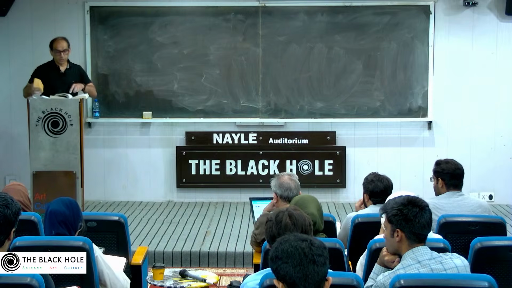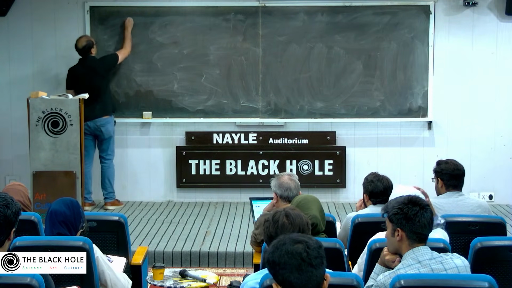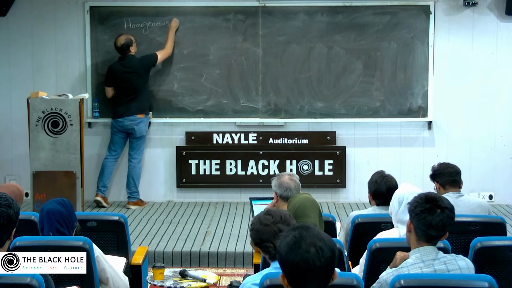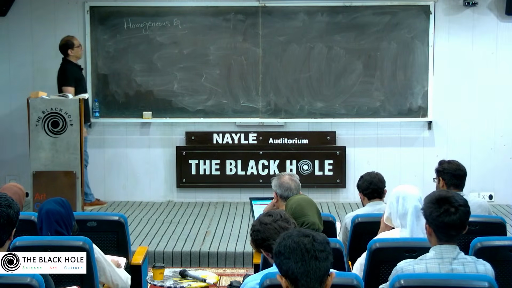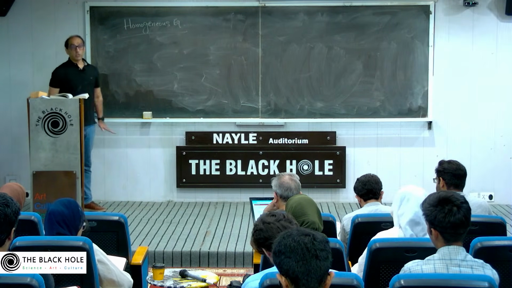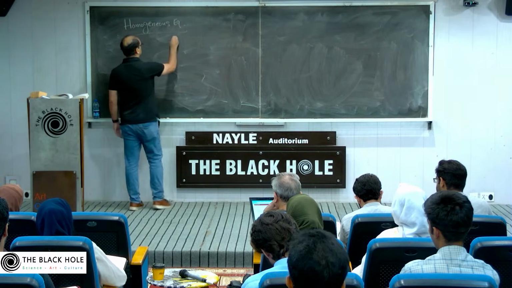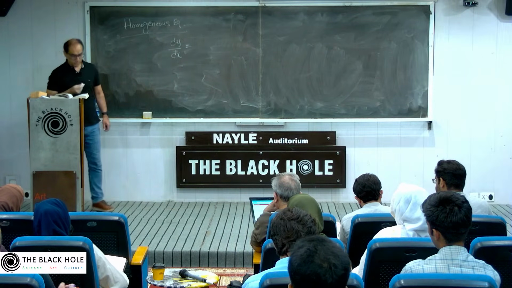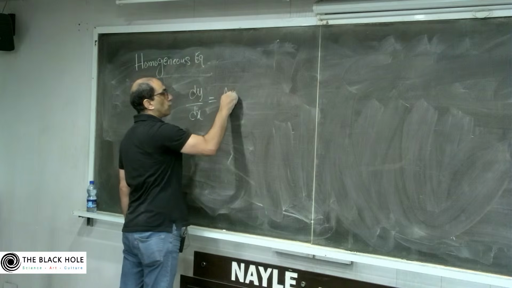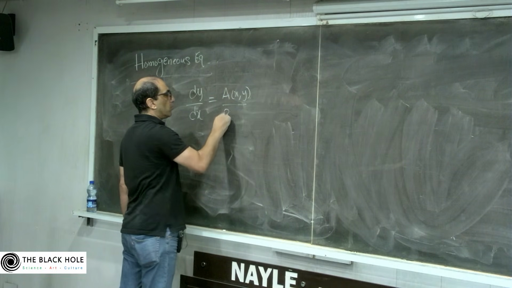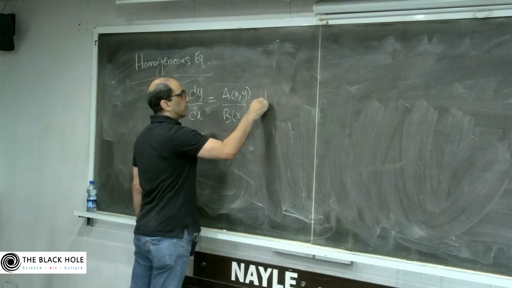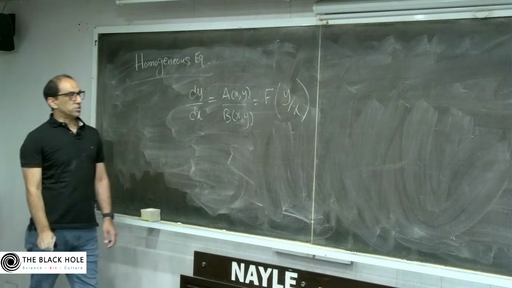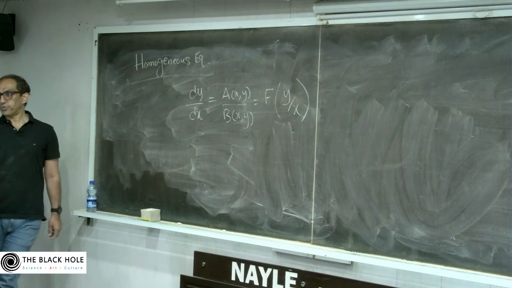This is what it is. So I begin with the homogeneous equation. First you need to identify the form. If you are given something, dy by dx is equal to a of xy over b of xy, which is in this form, y over x, okay?